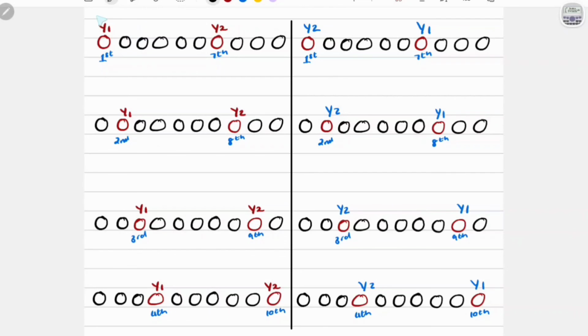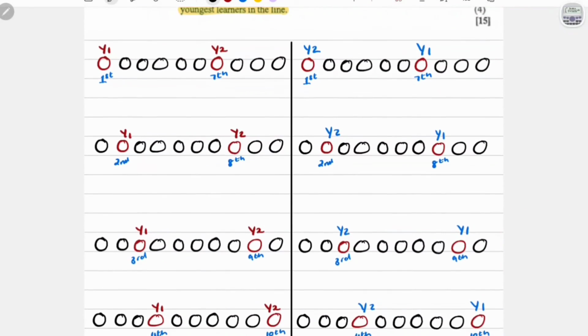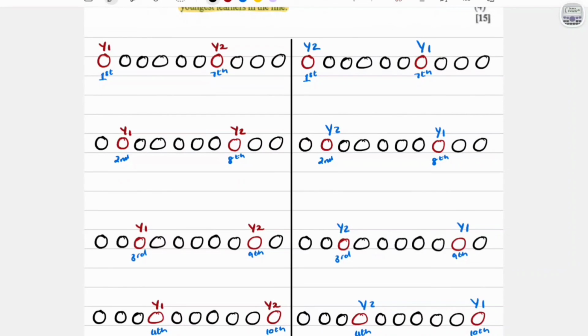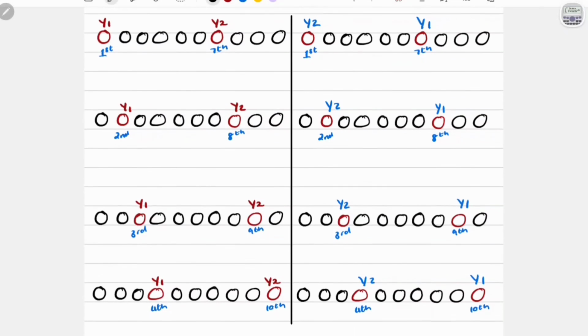Okay, so I know it looks a bit crazy, but this is what I'm thinking of now. So looking at the possible positions that they can be standing in, this would be everything, right? They can either be in the 1st and 7th position as y1 and then y2, or as y2 and then y1, right? And the 2nd and the 8th, and of course we can see the orders of them.